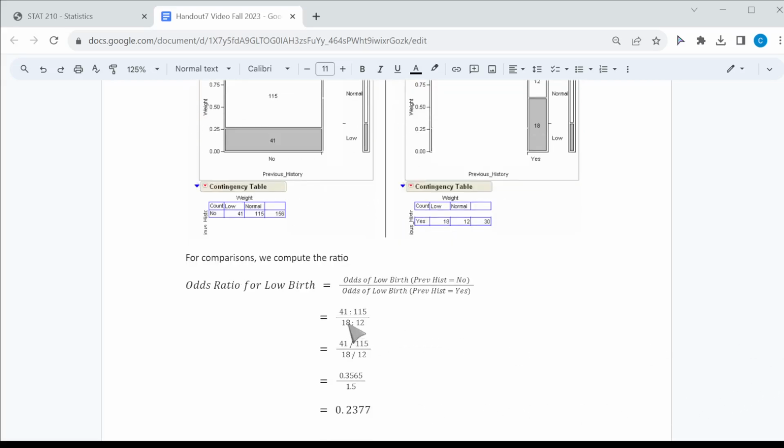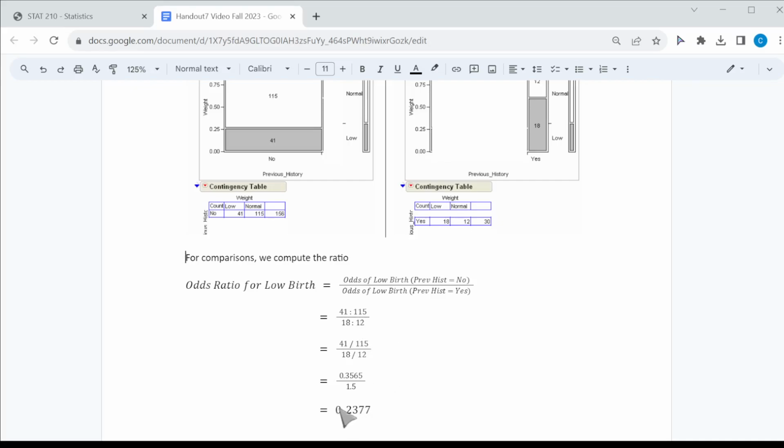Now, we cannot do a mathematical operation with the colon in there. So what we do is we just take the 41 divided by the 115, and then we take the 18 divided by the 12. That's a sleight of hand that we do when we're computing an odds ratio.